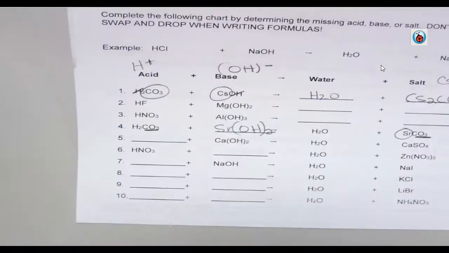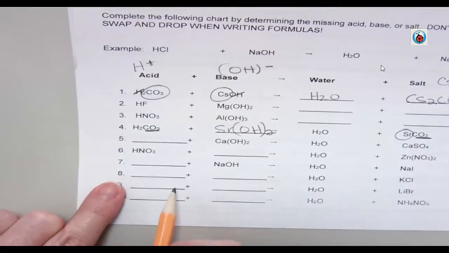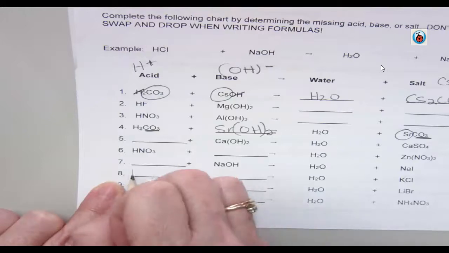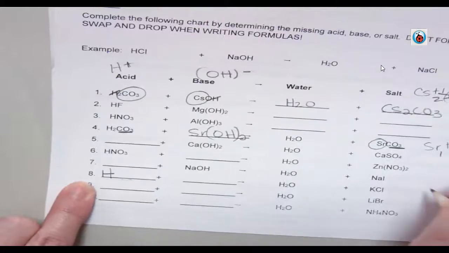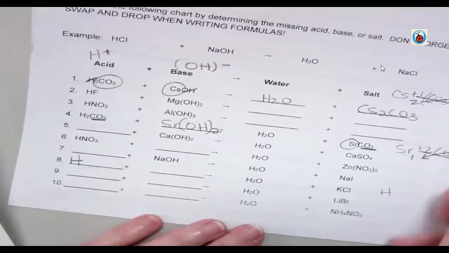Okay, what about here? Let's look at this one. So here we're missing both blanks, but we're going to do the acid part here. Okay, so we're missing our acid. So all acids are going to start with what? Hydrogen. So we got hydrogen.